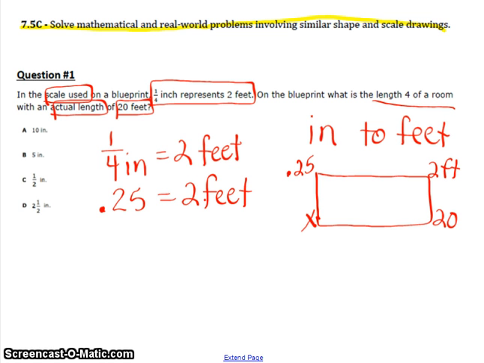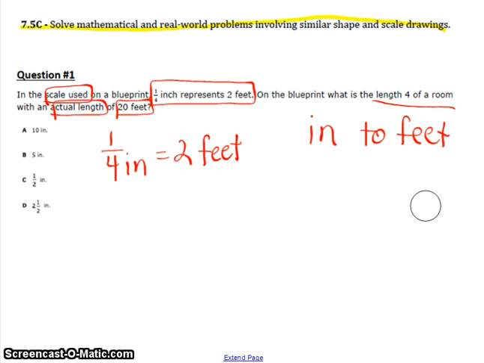Now, since the scale is in a fraction, what I would like for you to try is to take the fraction to a whole number. And so since 1/4 of an inch is 2 feet, then 1 inch is 8 feet.